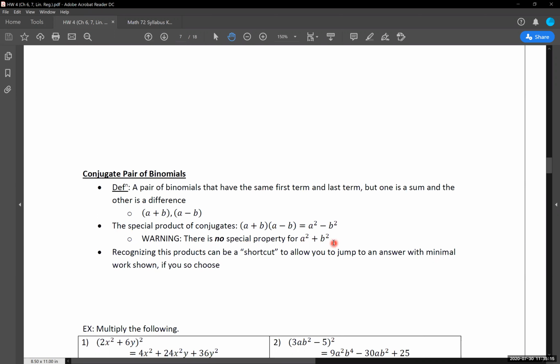We can and will sometimes get an a^2 + b^2 final answer that we're working with. However, there is no consistent property that always works for finding this to be the final answer. There's no special property attached to this. A lot of people think there is, and again, it's a very reasonable thought to have, but unfortunately there is no special property attached to it.